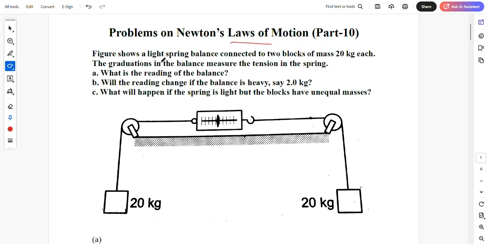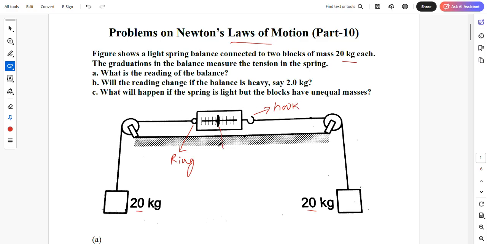It is saying: figure shows a light spring balance connected to two blocks of mass 20 kg each. This is 20 kg, this is 20 kg. The graduations in the balance measure the tension in the spring. This is the spring balance. This is called the ring. This is called the hook.